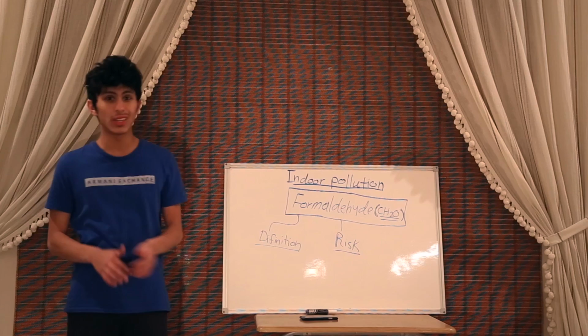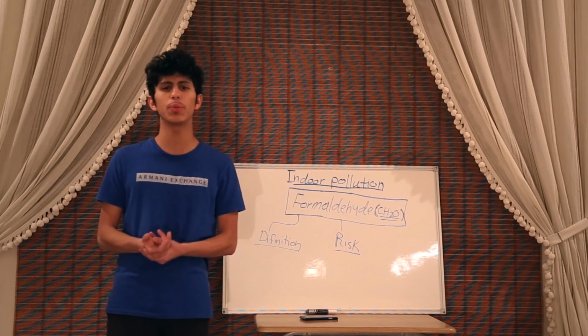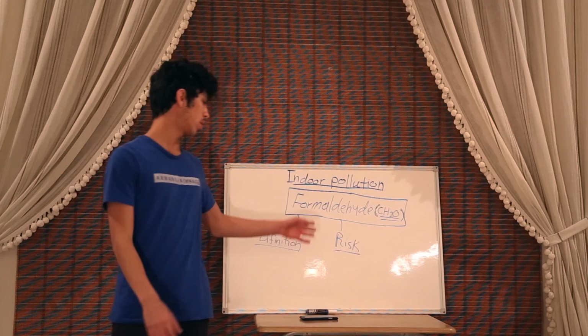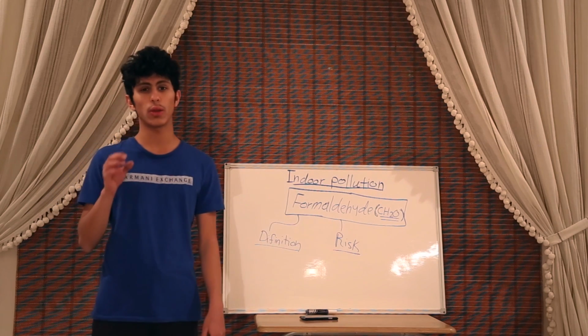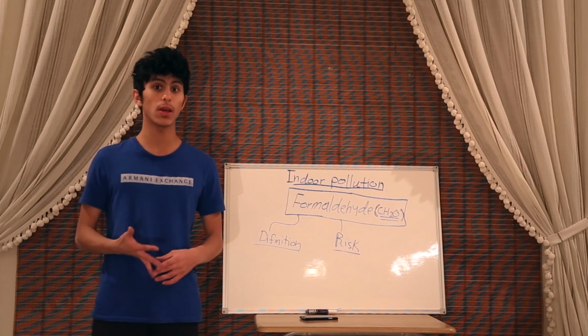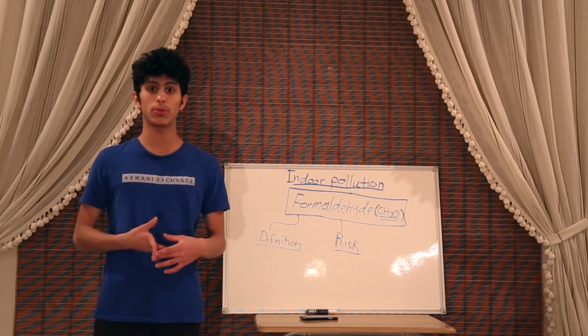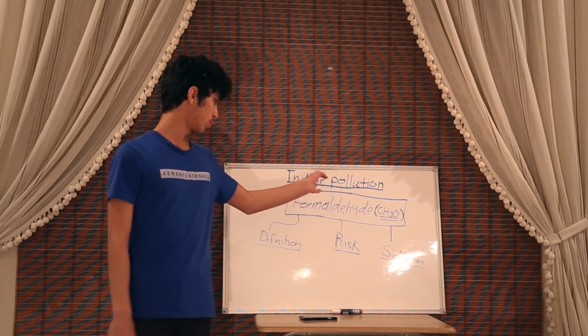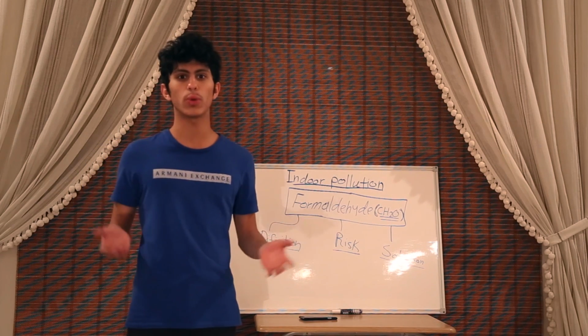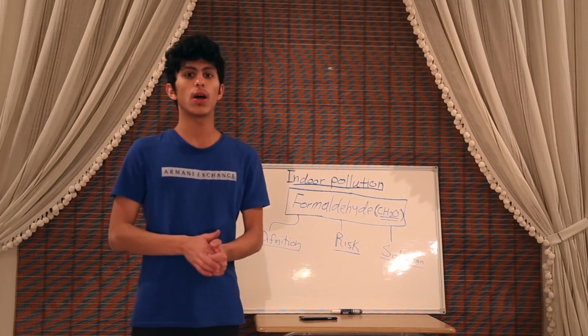The definition of it: it's a disagreeable smelling liquid used in construction. The risk of it: low concentration of formaldehyde can cause nausea, headache, drowsiness, and respiratory distress. The solution for this problem is proper ventilation, which is the best way to remove it.